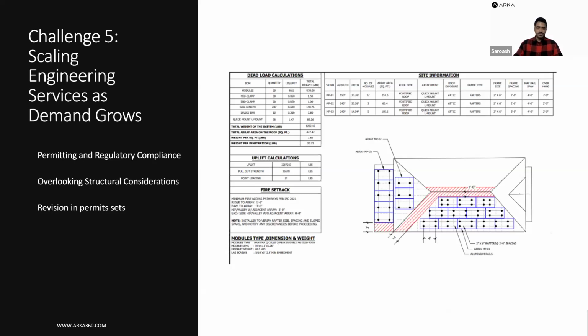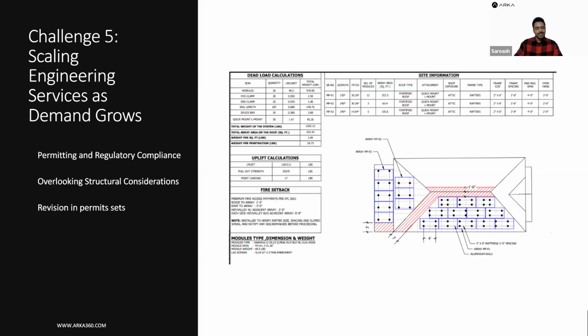But due to the lack of information and expertise, or maybe you are going for a cheaper alternative, the designer who's doing the permit package is not aware of the AHJ compliances and code, ends up submitting the permit package, and it gets rejected or a revision is required.